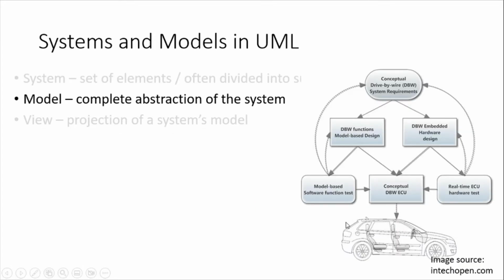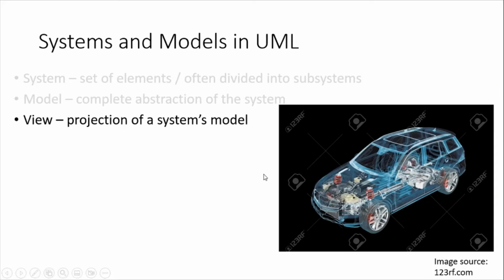The model is the complete abstraction of the system. So we don't normally see this in a car, but it is present. And then the last is the view or the projection of a system's model. So in our case, we only see the car as this is, but we don't see the complete system or subsystems included.